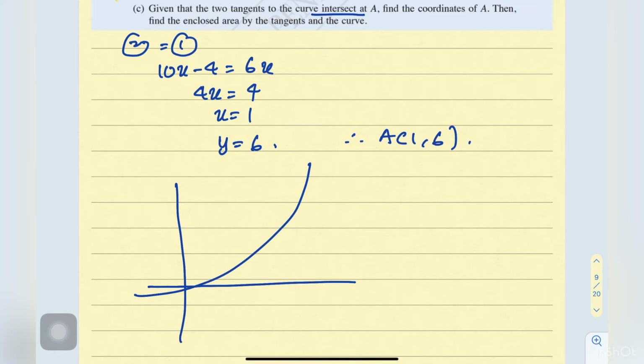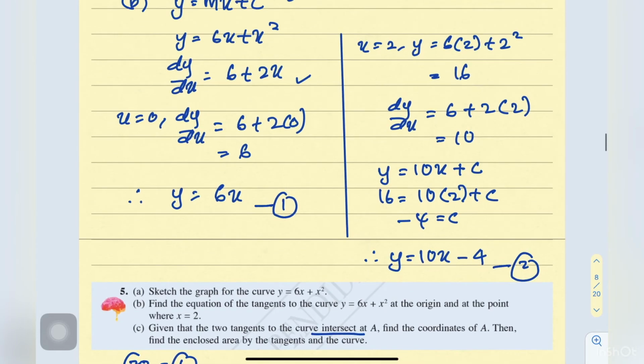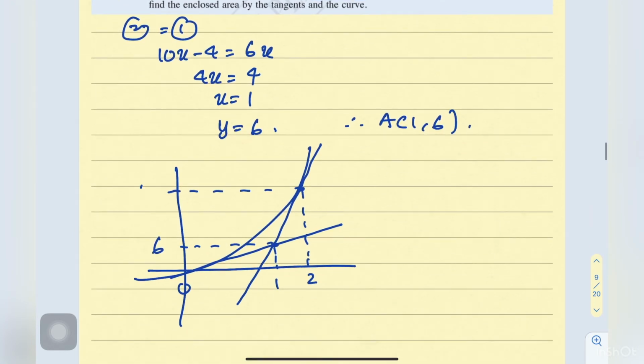The tangent at origin and at point x equals 2. This one is 0, this one is (1, 6). When x equals 2, y equals 16, just now.